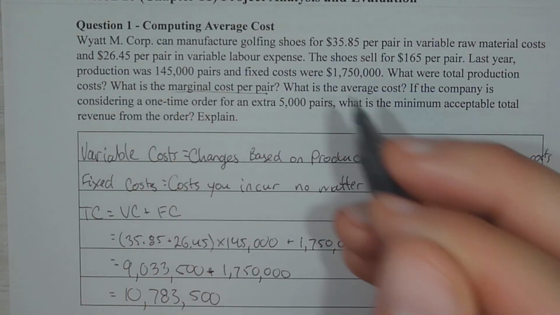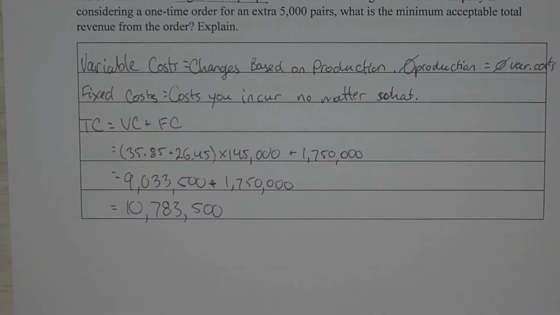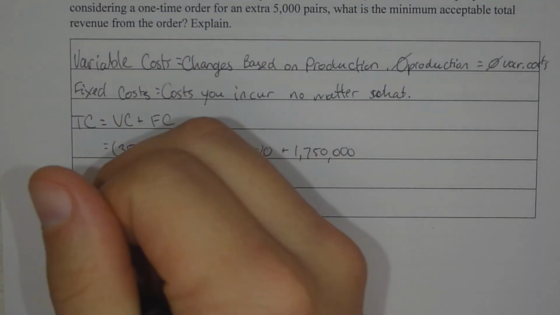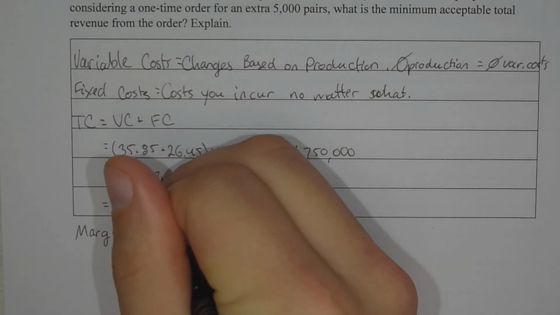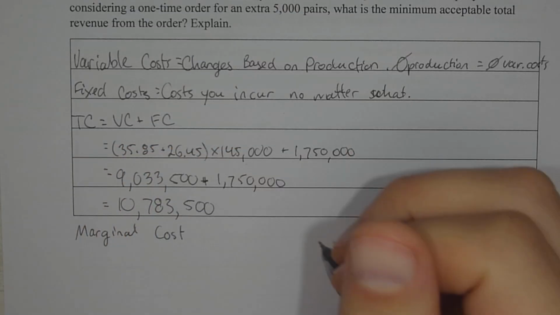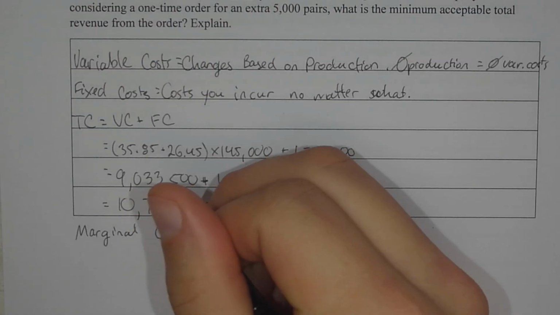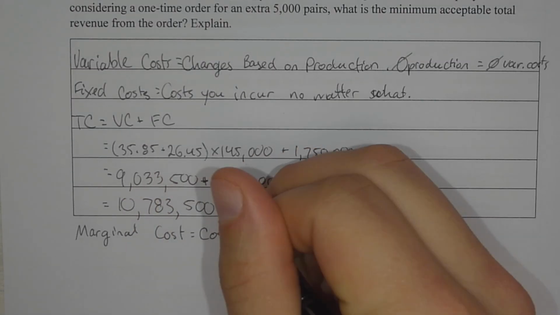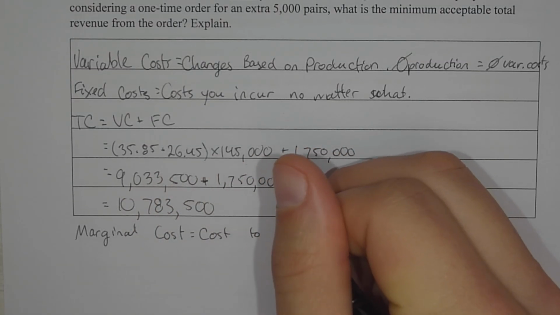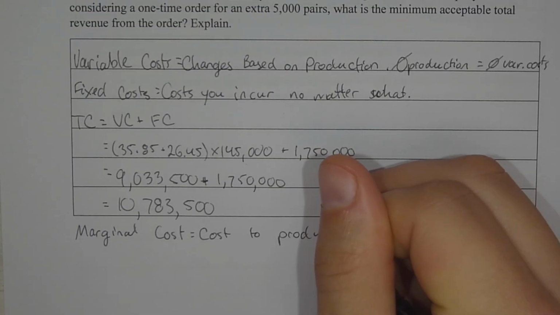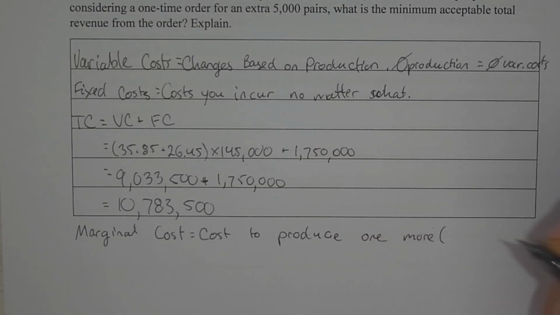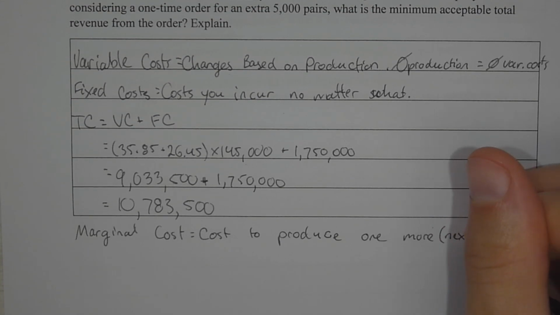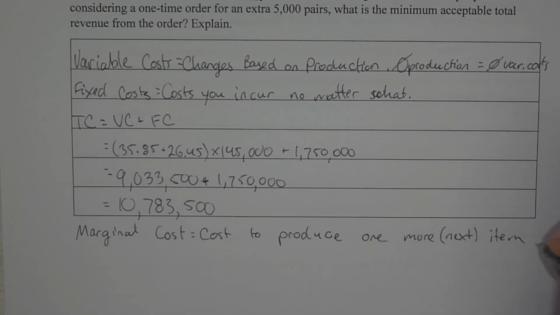But what is the marginal cost per pair? So let's discuss marginal cost. What is marginal cost? It's the cost to produce one more, or your next item.